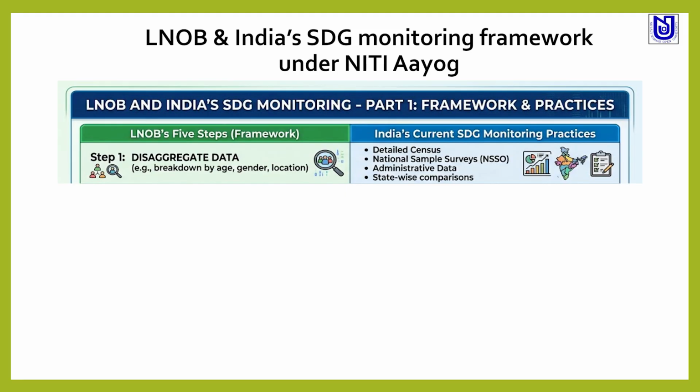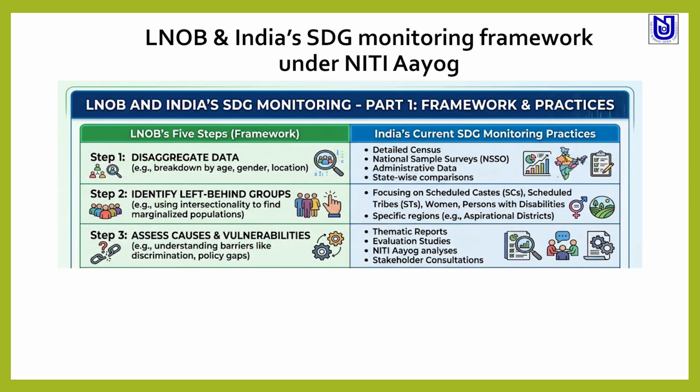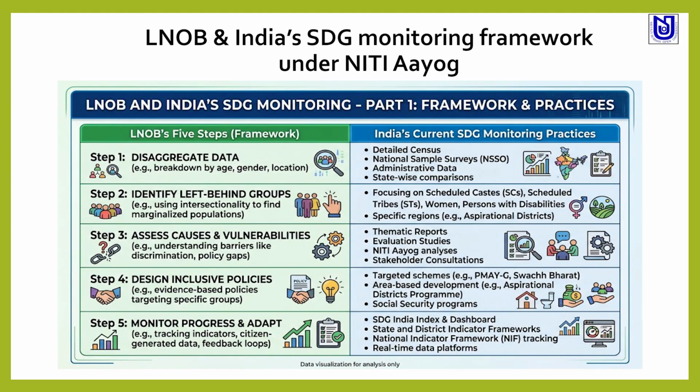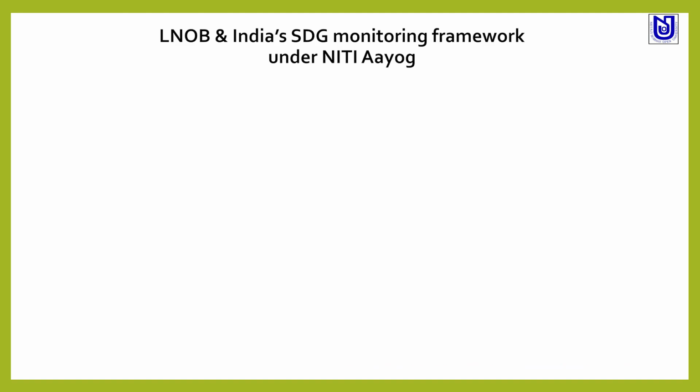Step 1, disaggregate the data. Step 2, identify the left behind groups. Step 3, assess the causes and specify the vulnerabilities. And step 5, monitor progress reports and adapt accordingly. Now come to the gaps and opportunities of India's monitoring framework.